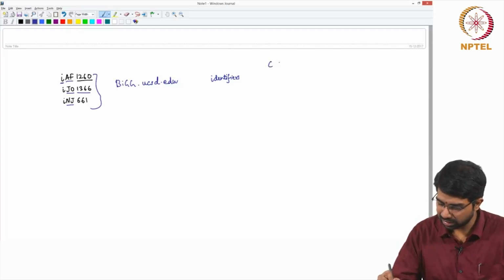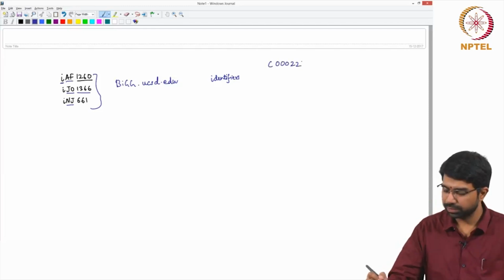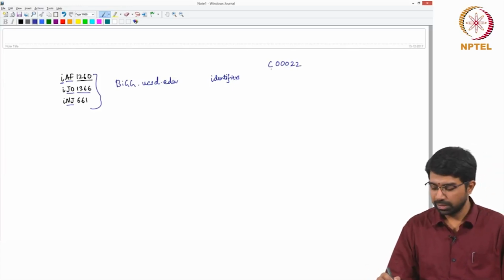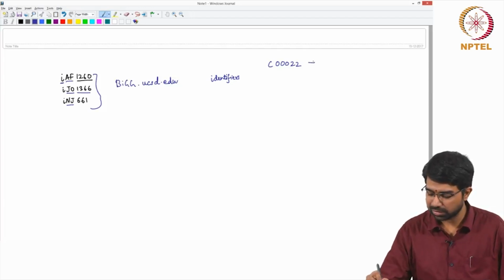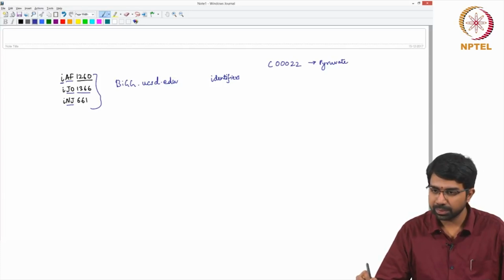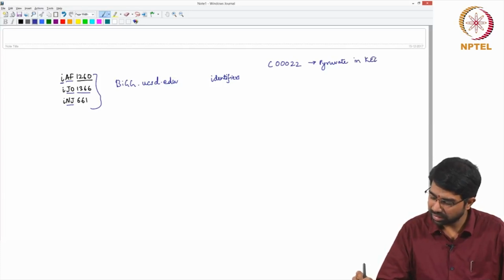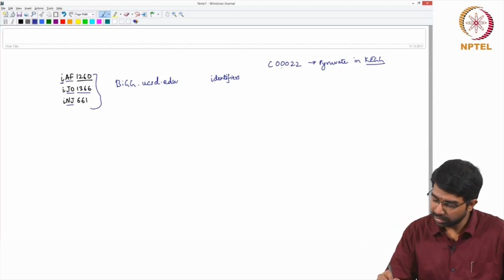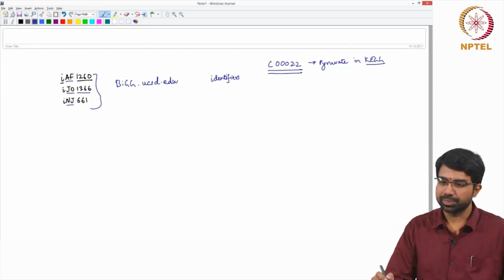Suppose I say C00022, right. You just Google for this or you just look this up, you will find that this stands for pyruvate in the KEGG ligand database, right. But this is important, right. So, you need to have some interoperable names, right.